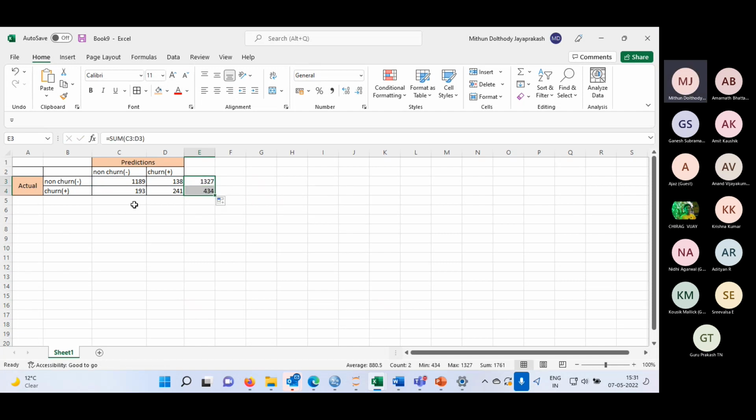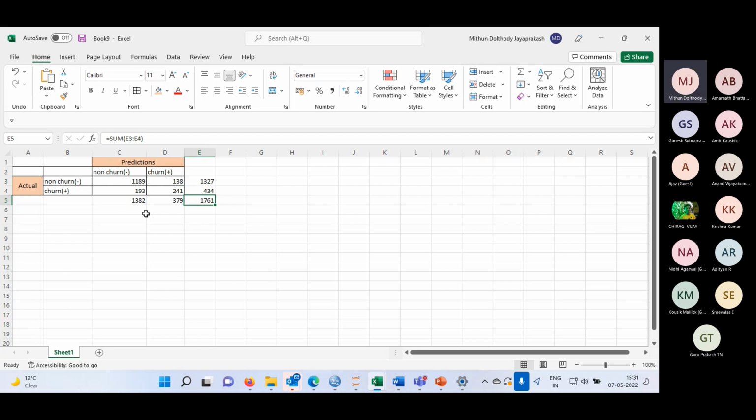Let me just drag this. I'm taking the sum of these two things, drag it, and then add up these two things. Then you can just further add this up. This is your 1761. So in the data set, we have 1761, right? We have the row total, we have the column total, correct?